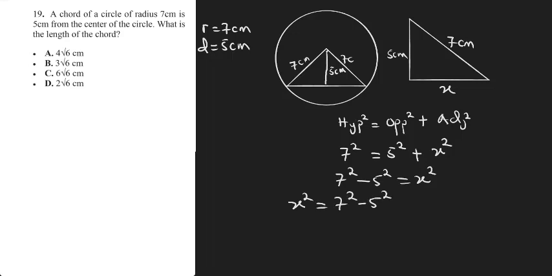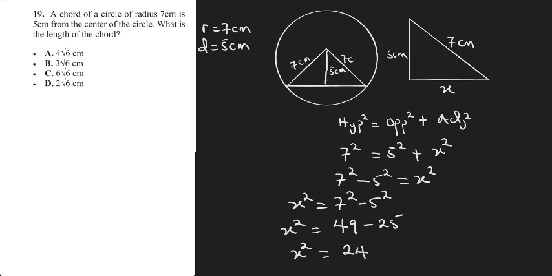Now 7 squared is 49, then minus 5 squared, which is 25. So x squared equals 49 minus 25, which is 24.